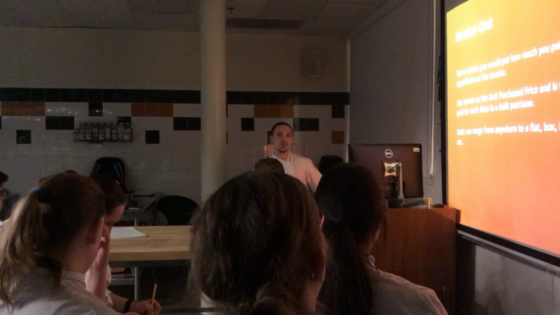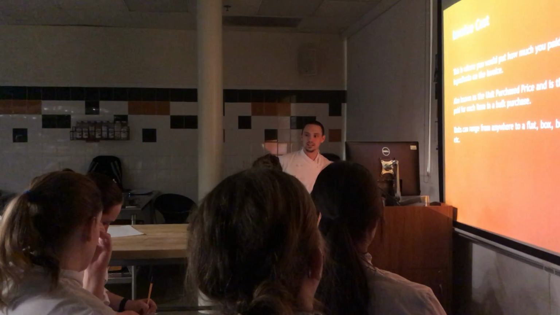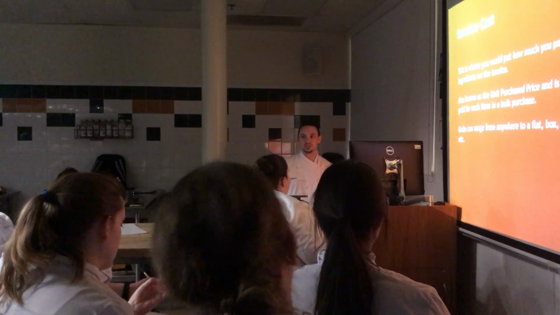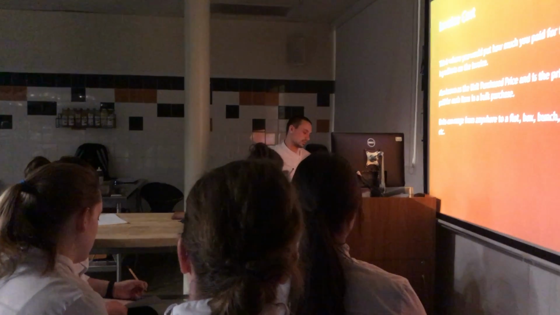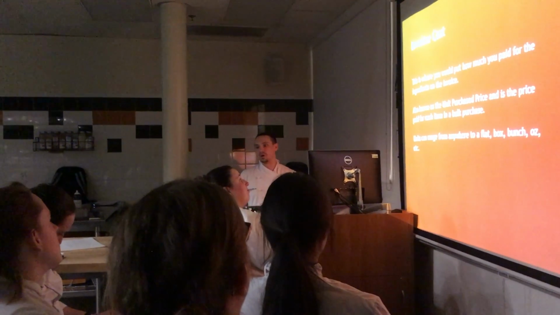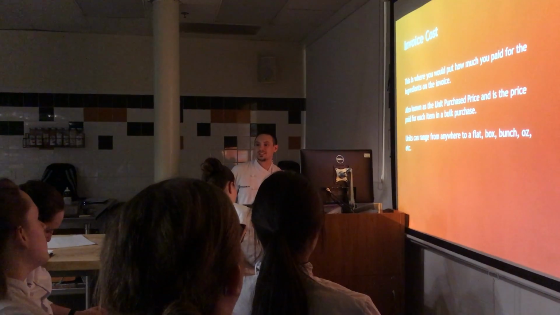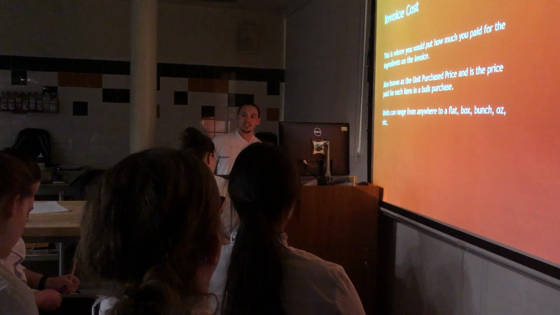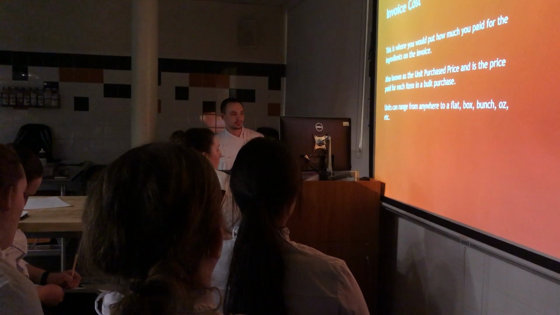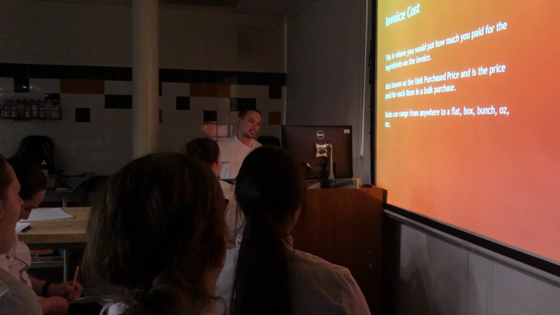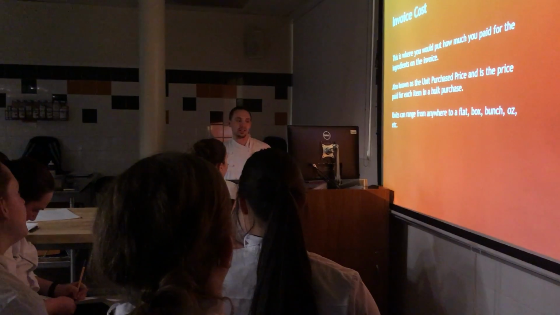You need to know that amount so when you're further along the cost card, it's easier to grab. So anything ranging from a flat, a bunch, a box, 15 dozen, anything. Usually a flat is 12 per flat. A box depends how much is in the box, what you're buying, and so forth.